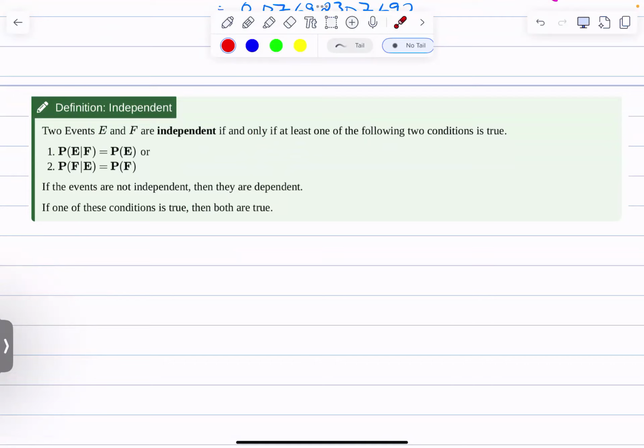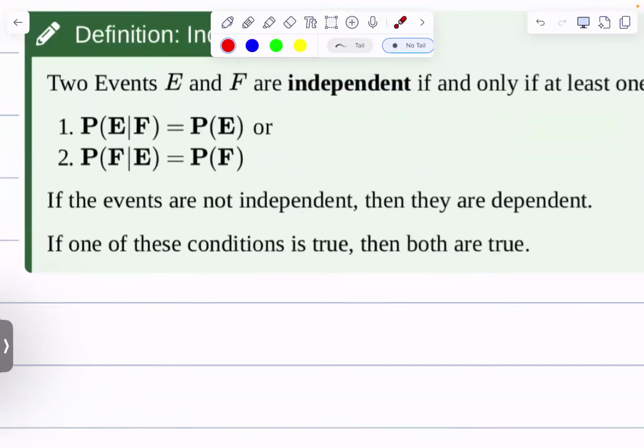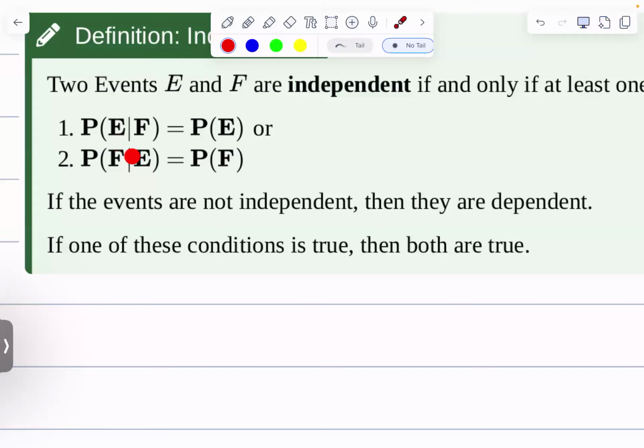And they go hand in hand, because if one is true, then the other has to be true. But if you're able to show that the probability of E given F is the same as the probability of E, right, then it doesn't care what F was. Then you can say that E and F are independent of each other.